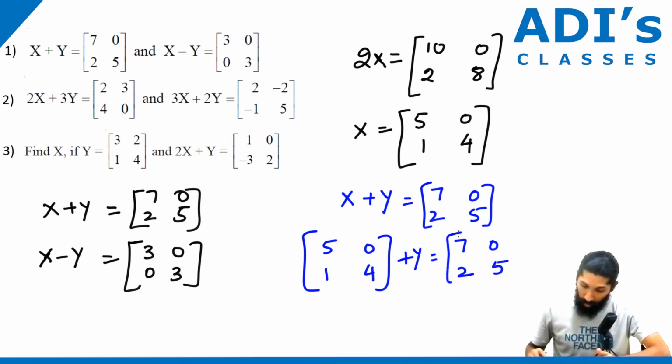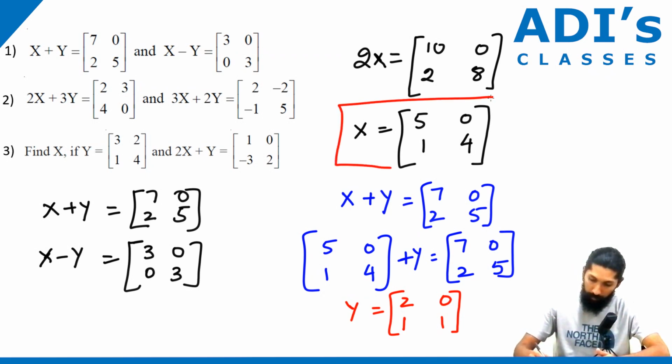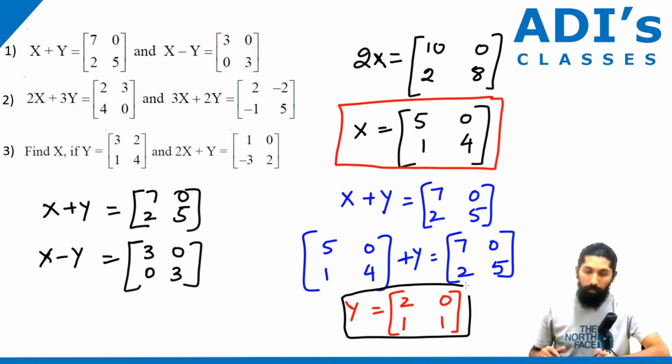It's just normal subtraction now. You get y equal to 7 minus 5 is 2, 0, 2 minus 1 is 1, 5 minus 4 is 1. So the x value is this one, and the y value is this one. You got the values of x and y.